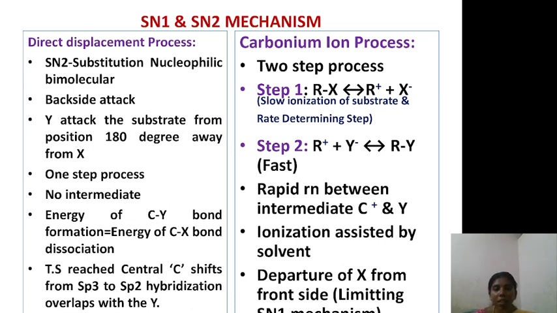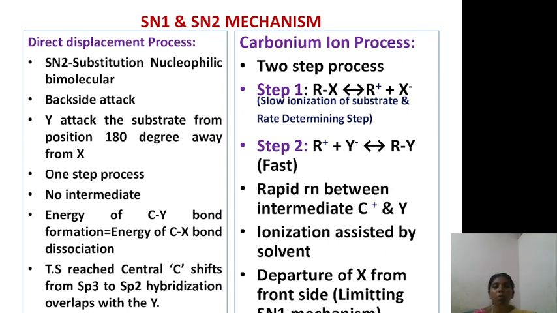Here backside attack is possible to convert the reactant. A nucleophile attacks the substrate from the backward position, at an angle of 180 degrees away from the X. So this is a one step process.